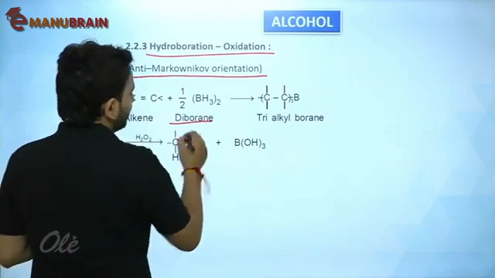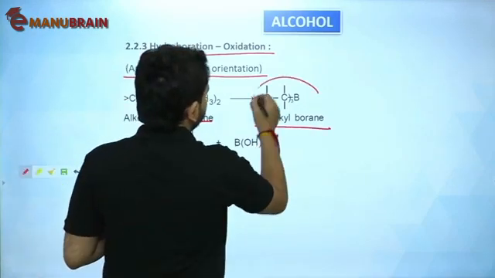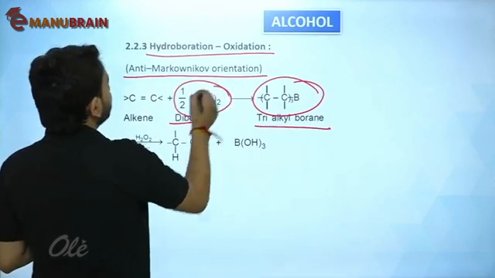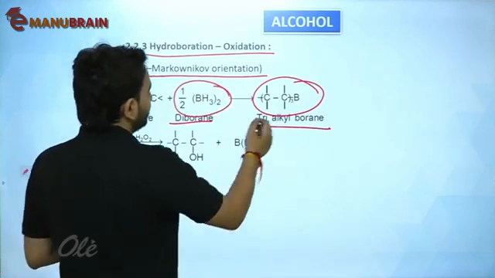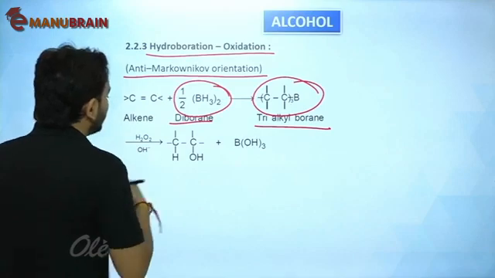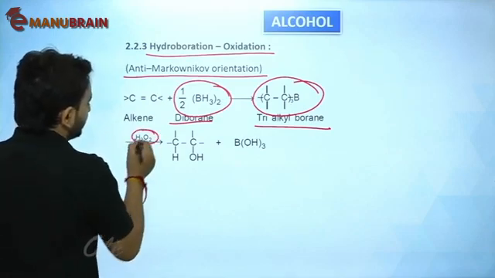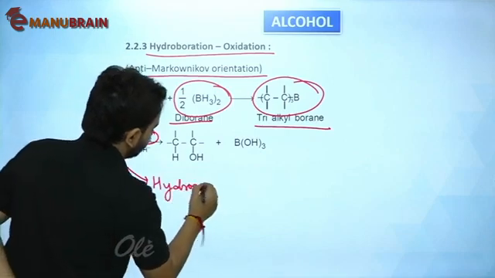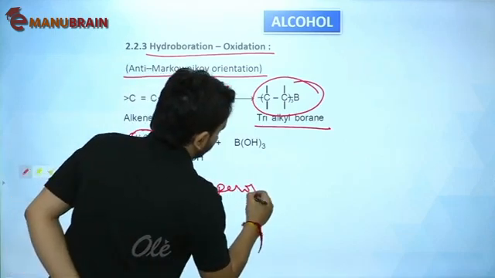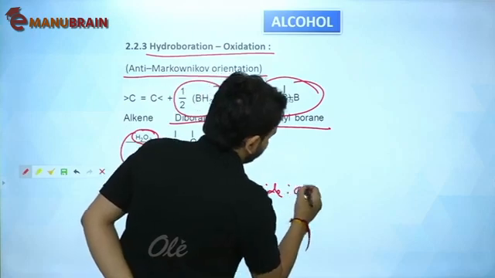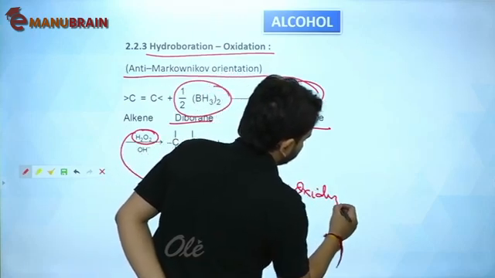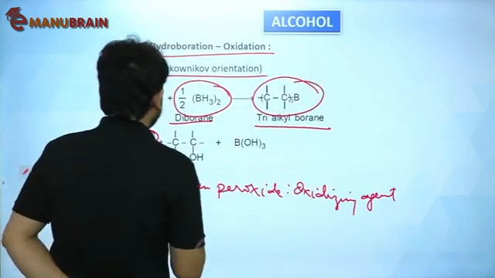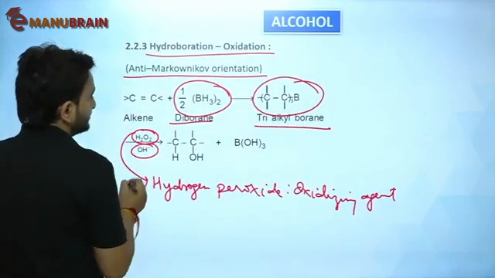So when we treat it with diborane in hydroboration, first of all, this trialkyl borane complex is formed. Then we oxidize it using hydrogen peroxide, which we know is an oxidizing agent, in the presence of OH minus.